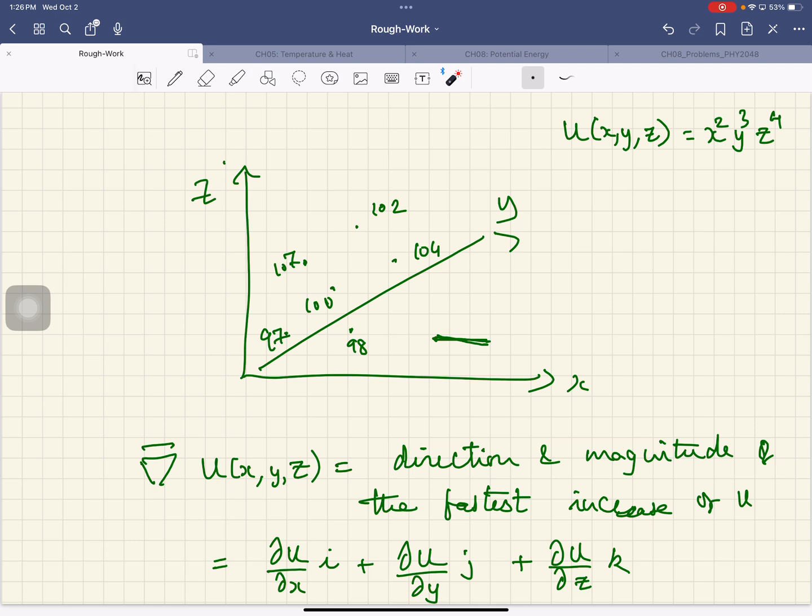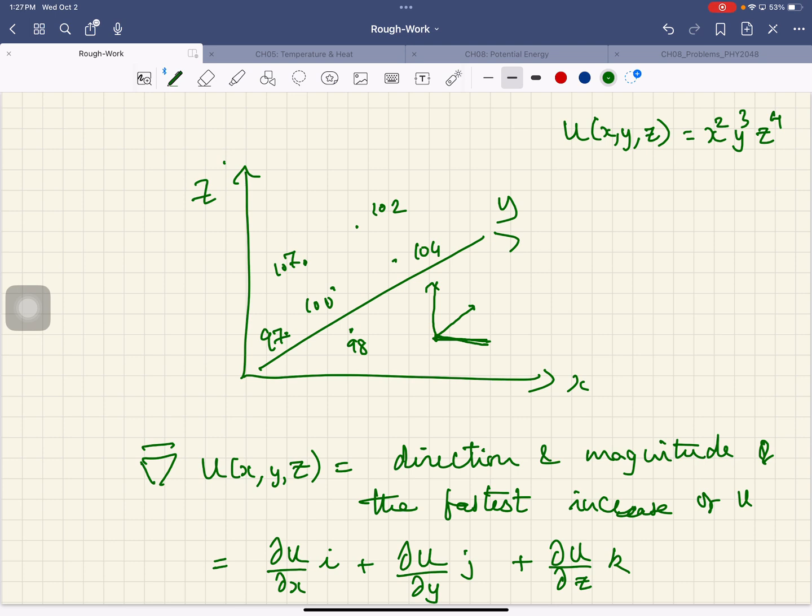What does del u by del y say? How much did u change if you went parallel to the y-axis? What does del u by del z say? How much u changes if you move parallel to the z-axis? That's what those partial derivatives tell you.